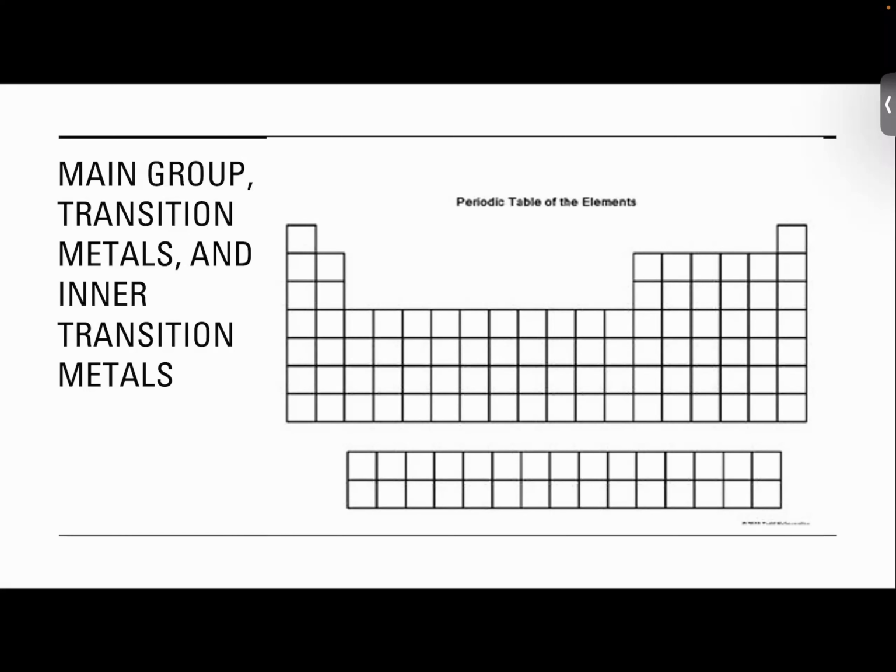Hopefully you're quickly starting to see that the group number, or where an element is located on the periodic table, is related to n and l. The periodic table has been arranged, and these elemental properties are all based off of quantum mechanics.